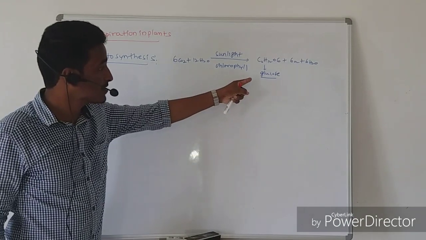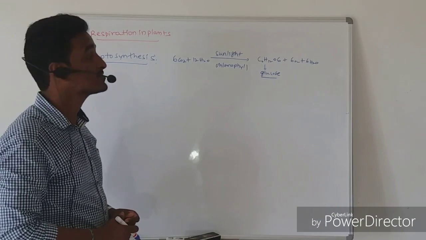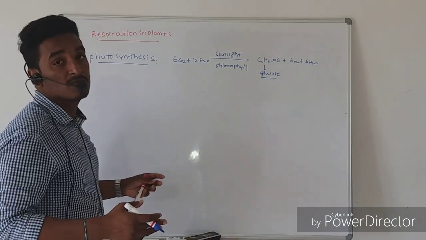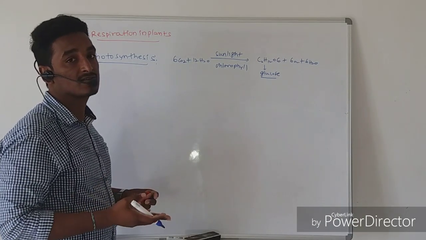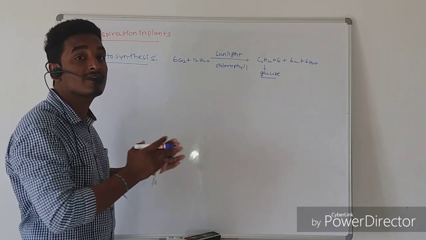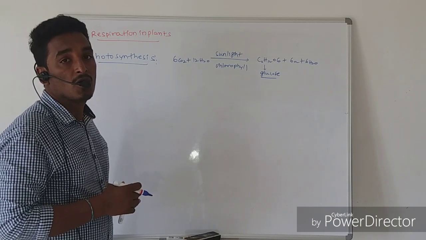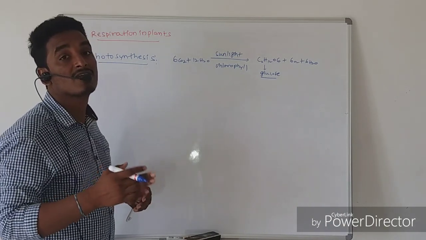Does this glucose molecule release energy in a direct manner? No, it will not. For example, we human beings eat food every day, morning, afternoon and night. Does that food release energy directly? No, only when the food molecule is oxidized will it release energy.